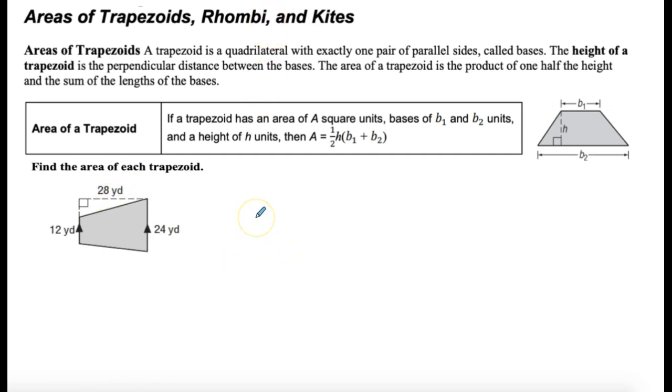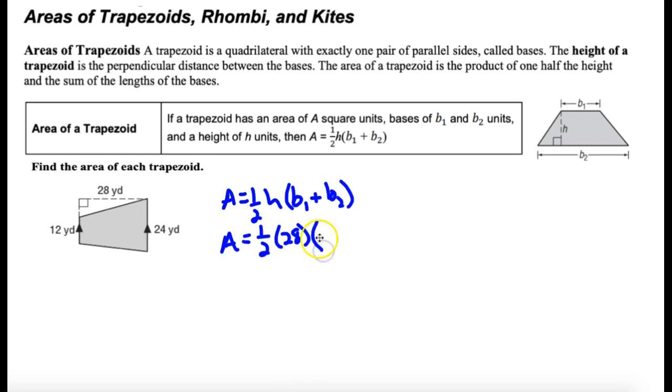So let's plug our information in. Area equals 1/2 times the height times base 1 plus base 2. So the area will be 1/2 times 28 times 12 plus 24.